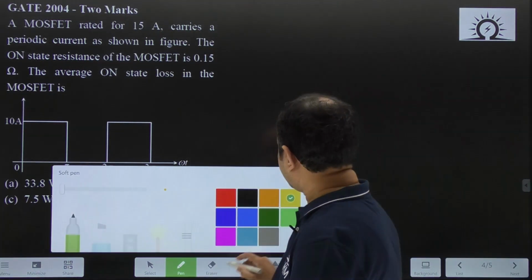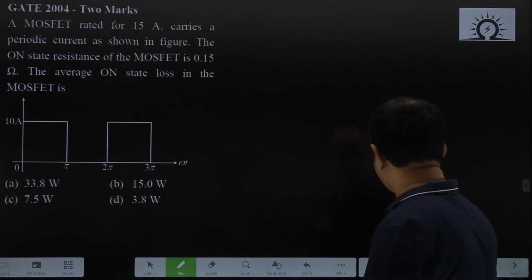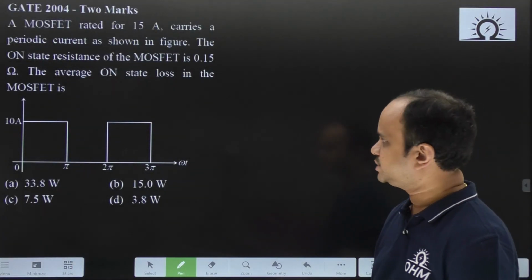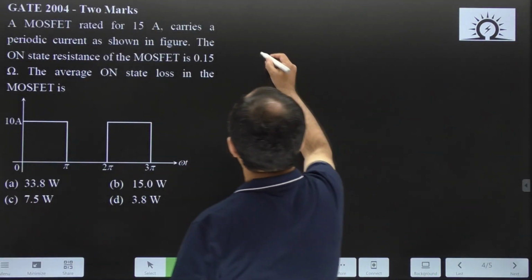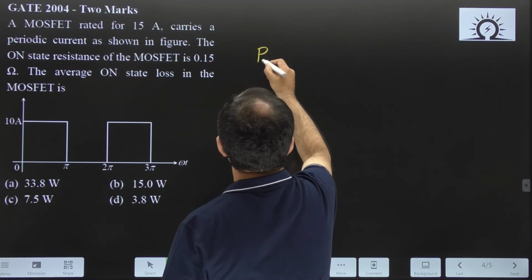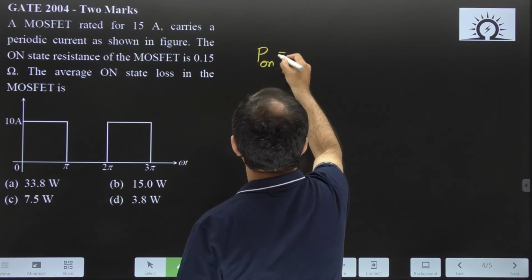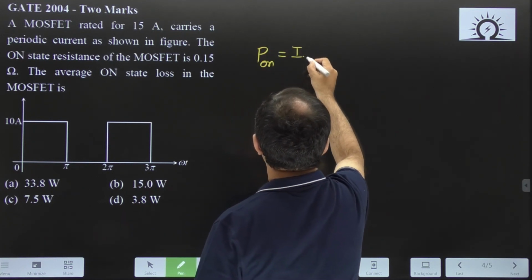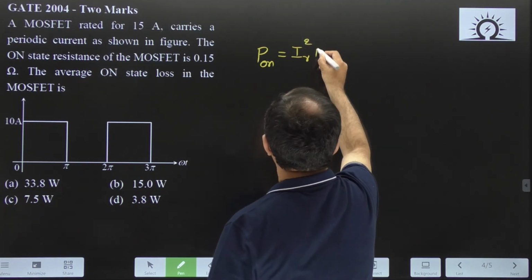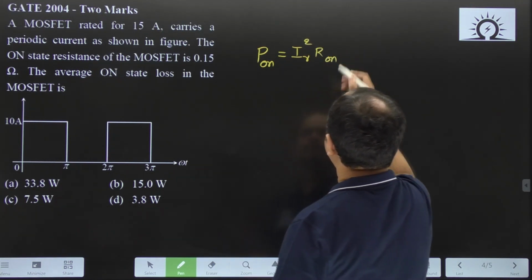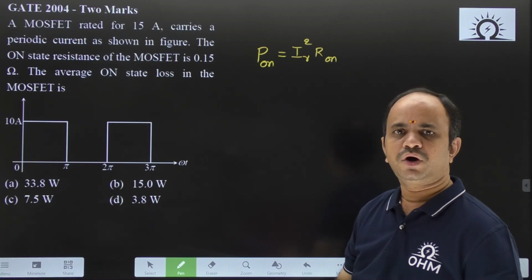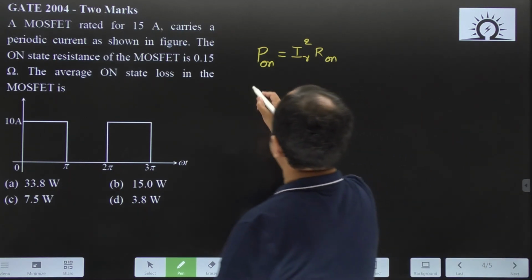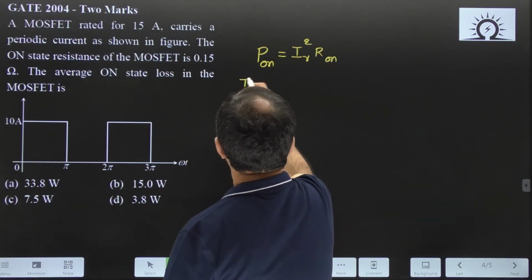As the MOSFET during the conduction state is modeled as a resistor, we can express the conduction loss in the MOSFET as I_RMS squared multiplied with the on resistance. How do we express this RMS current?